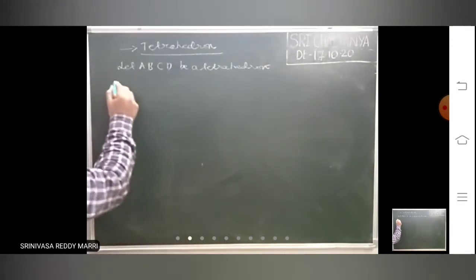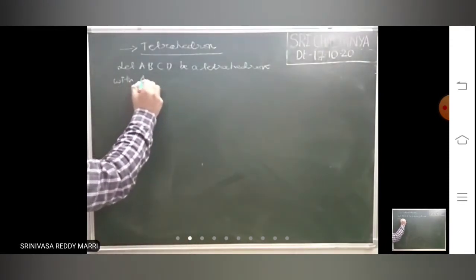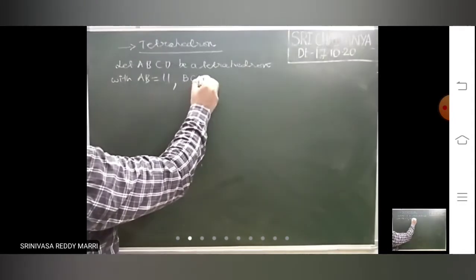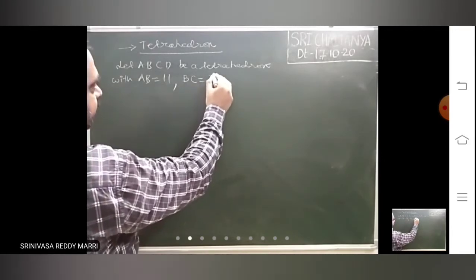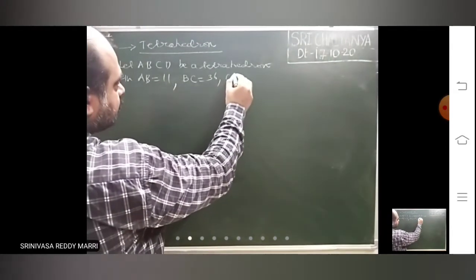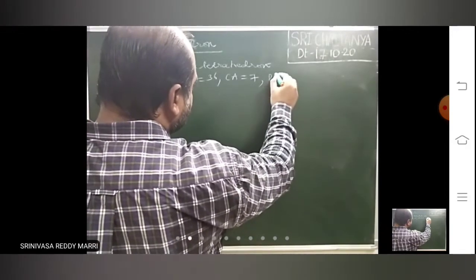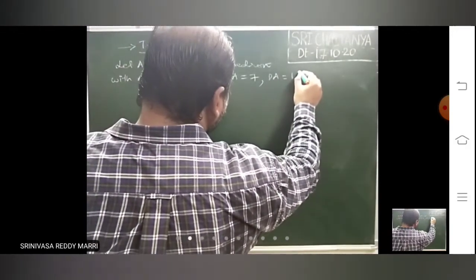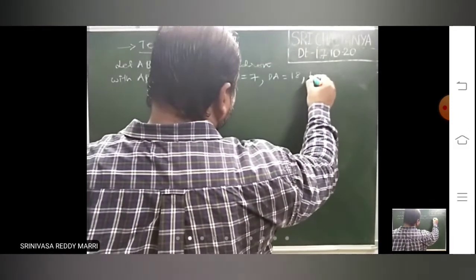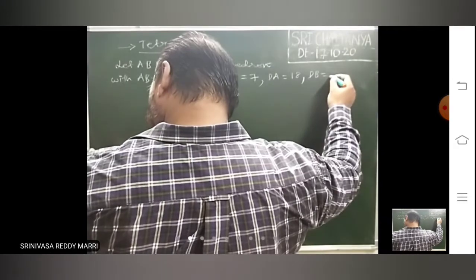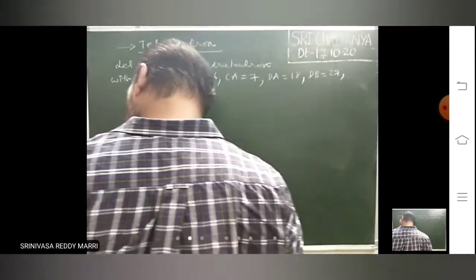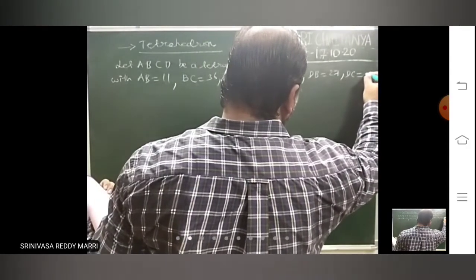Let ABCD be a tetrahedron with AB equal to 11, BC equal to 36, CA equal to 7, DA equal to 18, DB equal to 27, DC equal to 13.